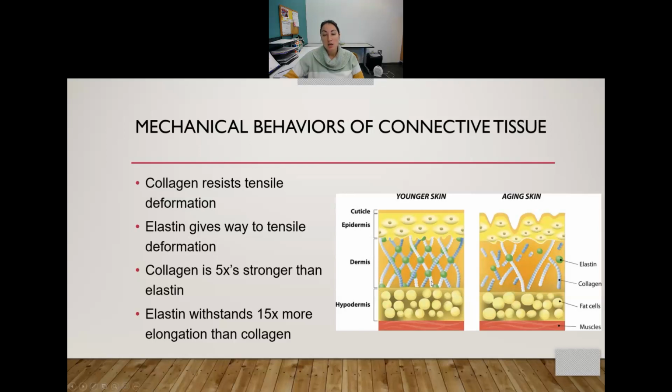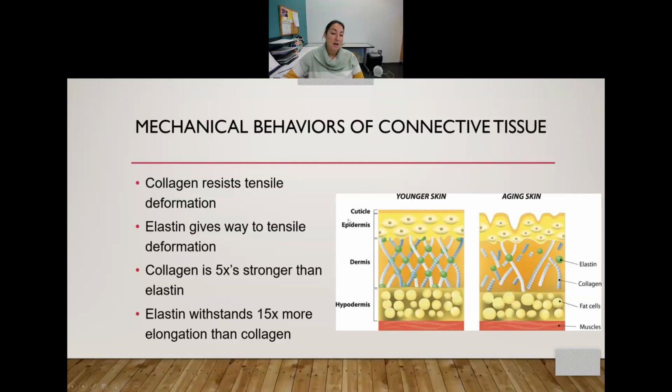In an aging person, they start to break down and be less available in the dermis layer of skin, which then allows divots in the skin, which is what we see as wrinkles. So that's one reason that taking oral collagen can be helpful for anti-aging benefits.